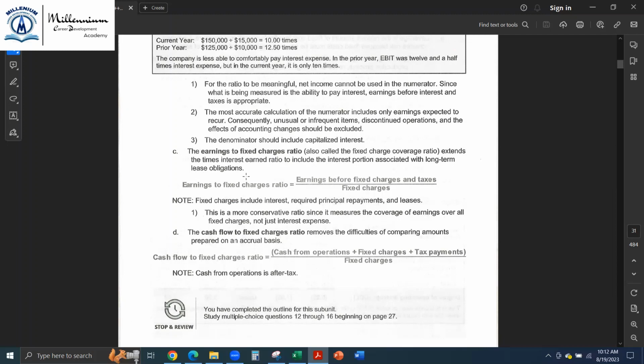Suppose you are making a lease installment payment of 100,000, and in that 100,000 there is an interest payment of 20,000. That 20,000 on the lease will also be included in the fixed charge. Got it? So you should understand the fixed charge ratio, and here it is not EBT only, but earnings before fixed charges.